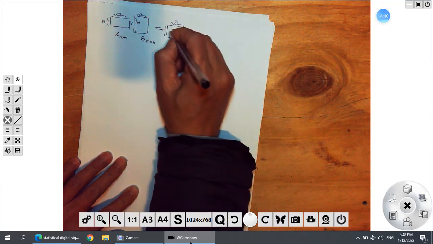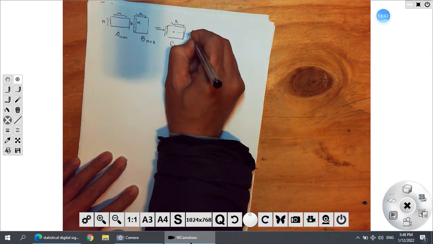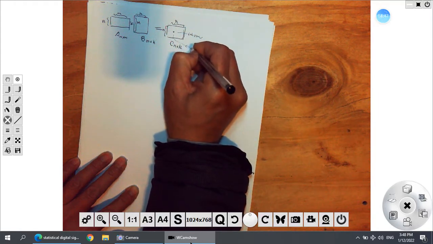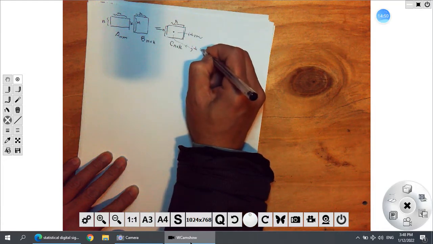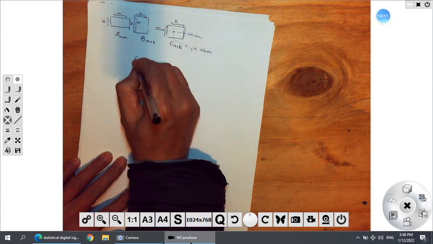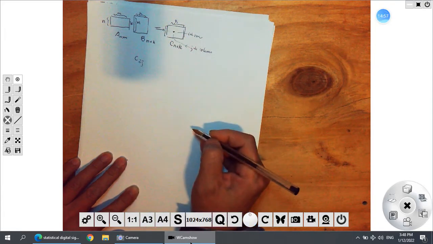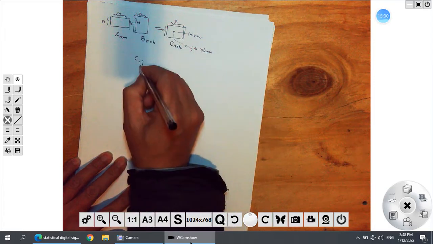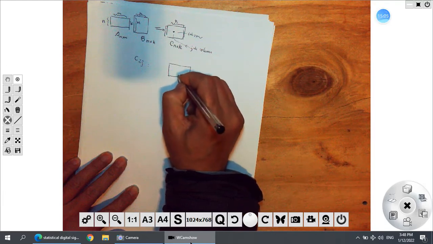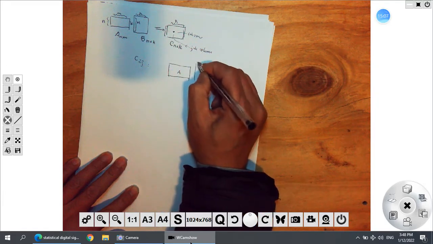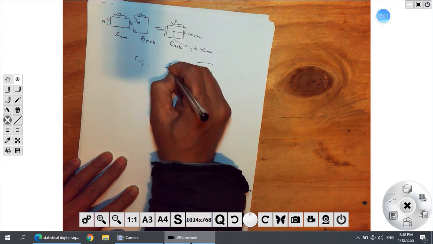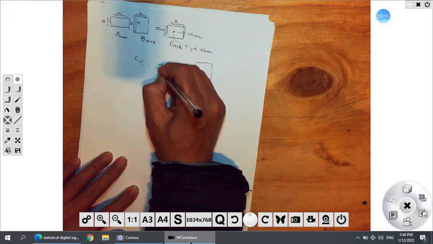And suppose this is the i-th row, and here's the j-th column. Then this element is Cij. What is Cij? This is A, this is B. You choose the i-th row from here.